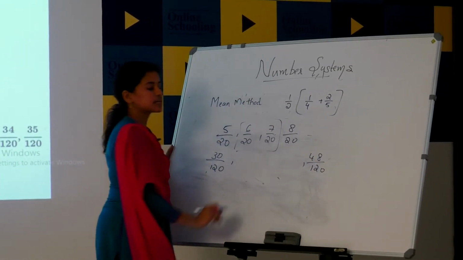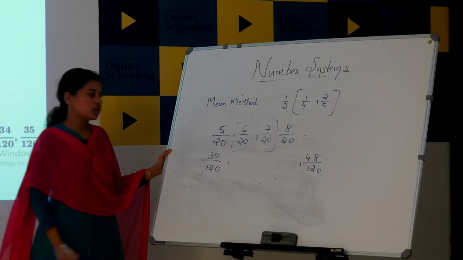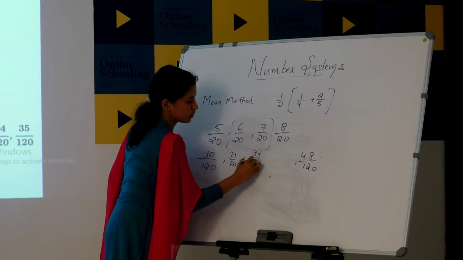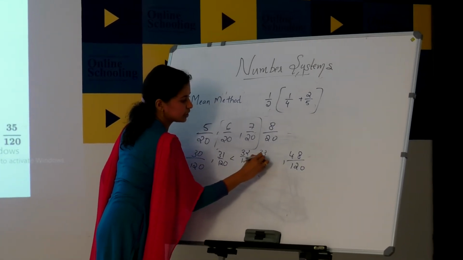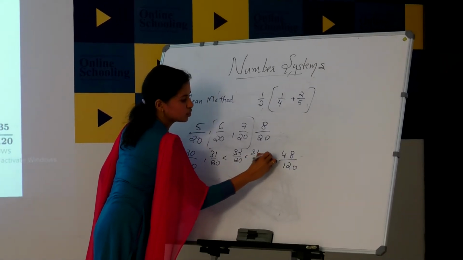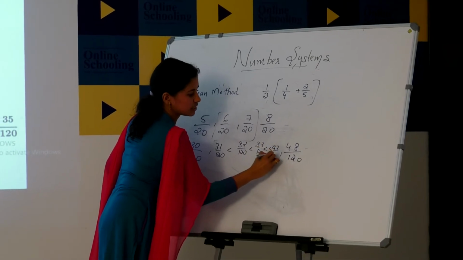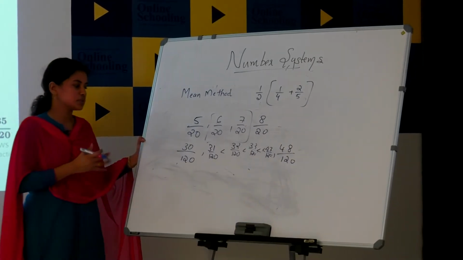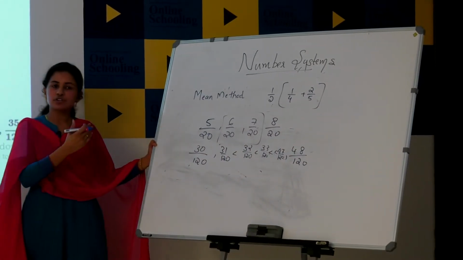Here denominators are the same. So I find 31 by 120 less than 32 by 120 less than 33 by 120, etc., up to 47 by 120. So we get an infinite set of rational numbers in between 30 by 120 and 48 by 120.